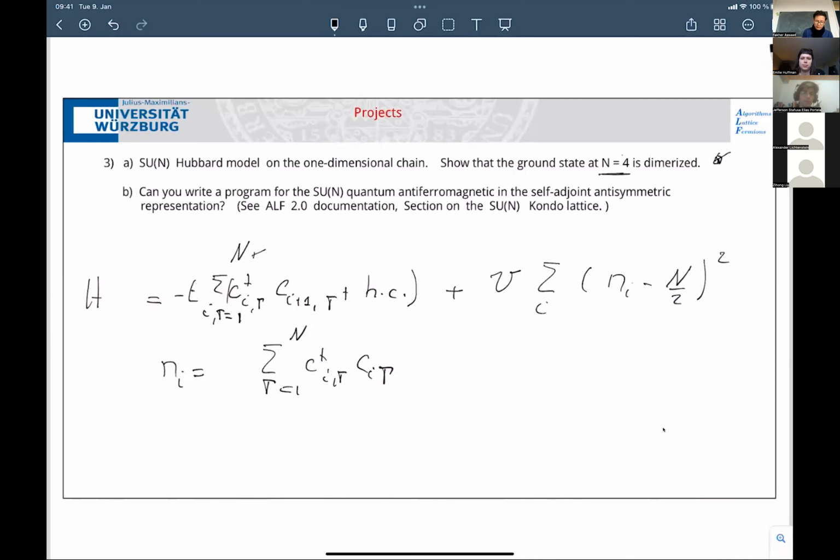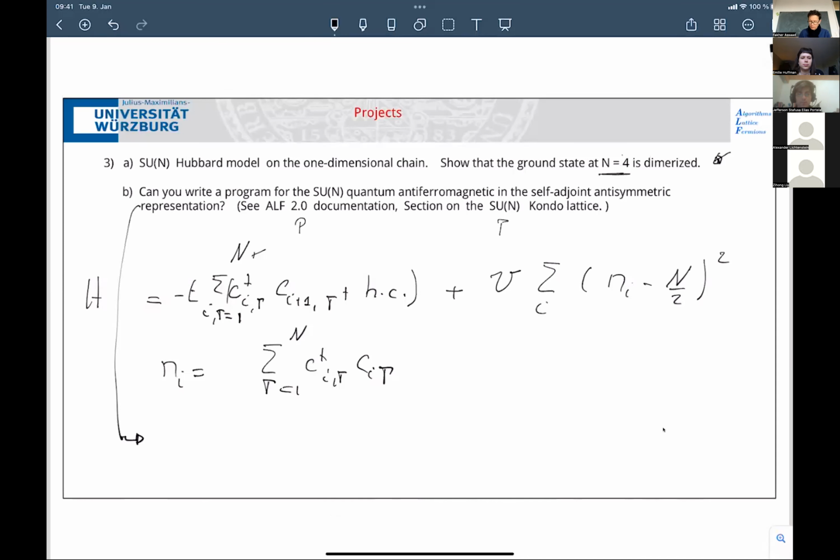Something a bit more involved is to say that any Hubbard model, if you take the strong coupling limit, U over T very big, you should be able to map onto a quantum anti-ferromagnet. For this case you can do that, and you will obtain an SU(N) quantum anti-ferromagnet in a representation where you have exactly 2 electrons per site, if you have N equals 4. You can look up in the documentation the SU(N) Kondo lattices.